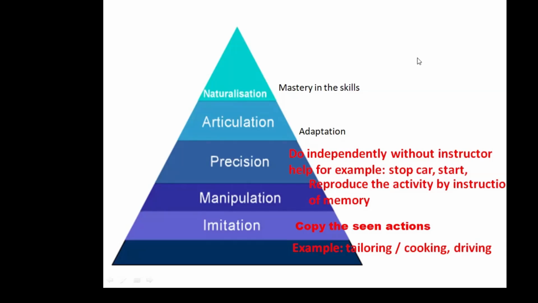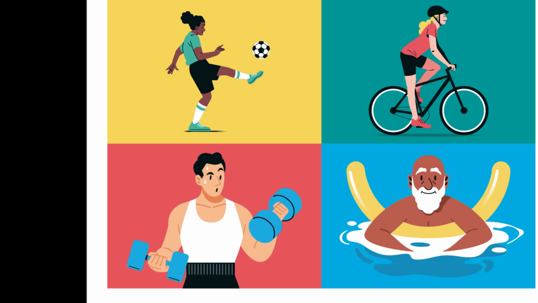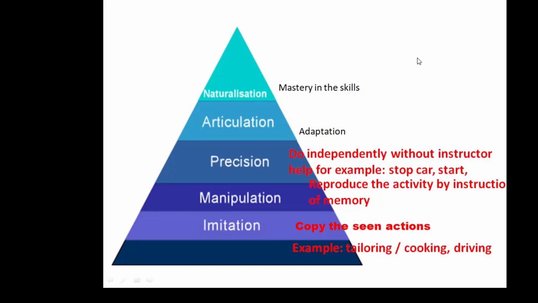Psychomotor is about physical activities. As we know, Bloom's taxonomy has three domains: cognitive is the brain, affective is the heart, and psychomotor is the body.